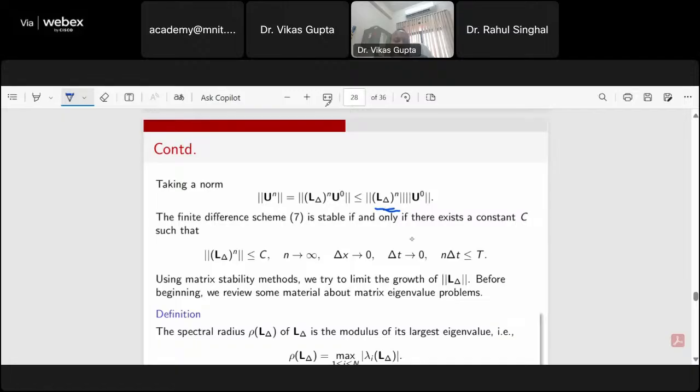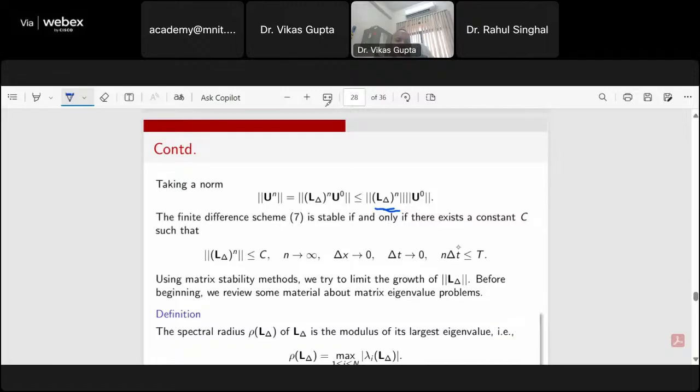That is, the finite difference scheme 7 is stable if and only if there exists a constant c such that the norm of the nth power of L_delta is bounded by c as n tends to infinity, delta x approaches 0, delta t approaches 0 over the finite time domain.